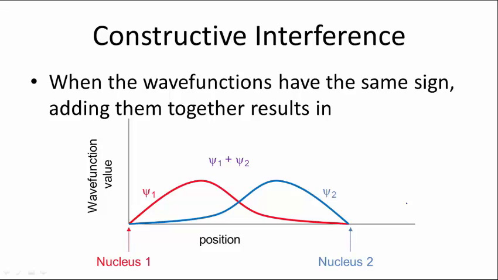here I have a graph of what I'm calling psi 1 and a graph of psi 2. What am I going to get if I add together psi 1 and psi 2? What would my graph of psi 1 plus psi 2 look like?